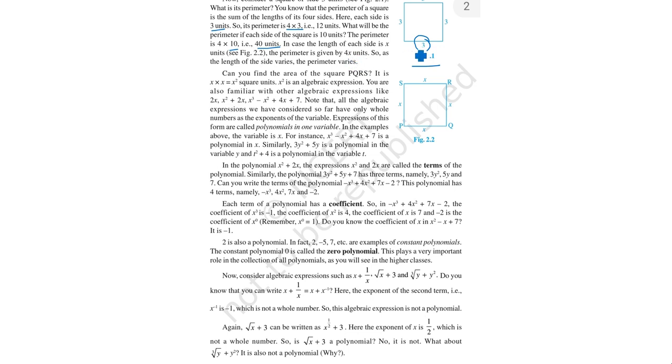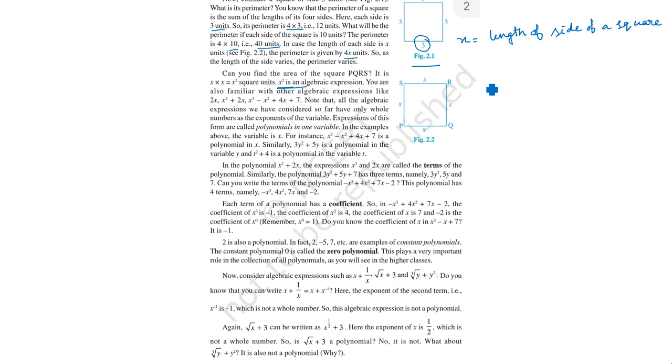We can vary x as the length of a side of a square, so we get the perimeter as 4x units. Similarly, if x is the length of a side of a square, we get x square as its area.